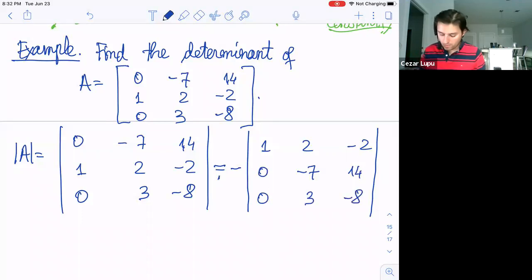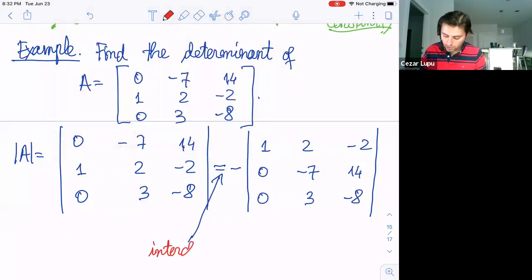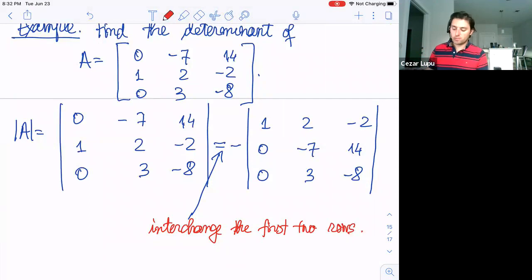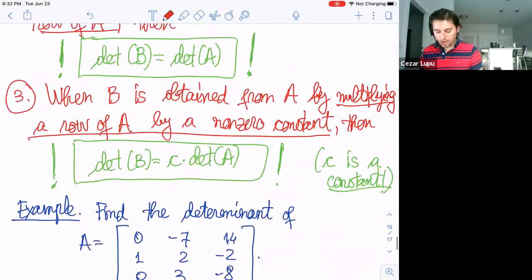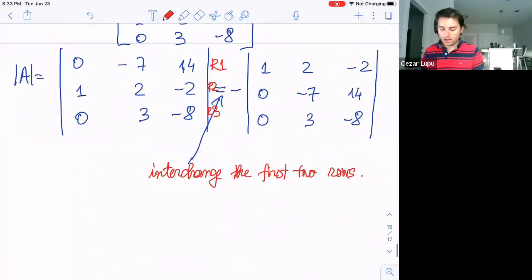So what I did here: I interchanged the first two rows, row 1 with row 2. Based on property number 1, when B is obtained from A by interchanging two rows, the determinant will be negative. So this will be negative.